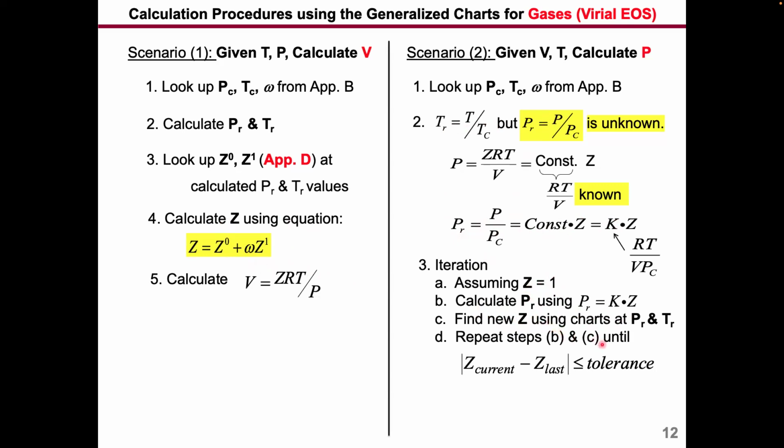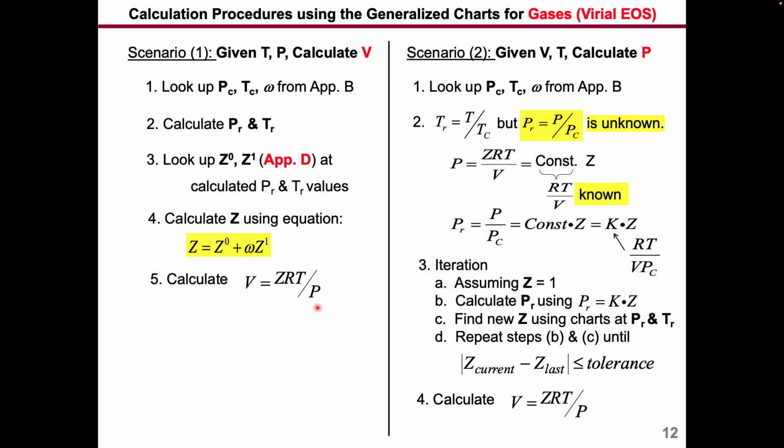But if it's deviating a lot, a lot means above the tolerance level, then you continue this iteration until you find your Z current value minus Z previous is smaller than a threshold. And then you can accept that solution Z. And then once you know the Z, you calculate V is equal to ZRT divided by P, right?